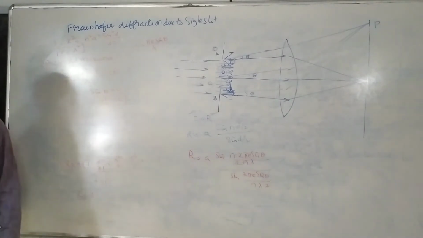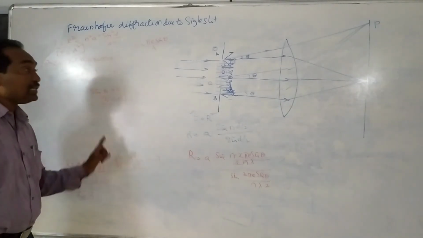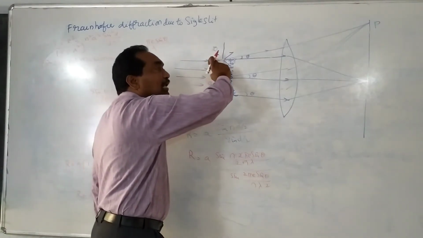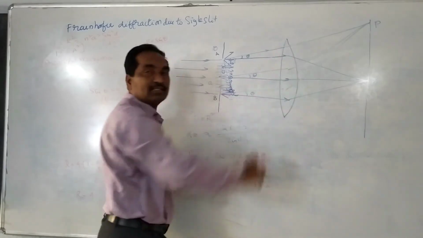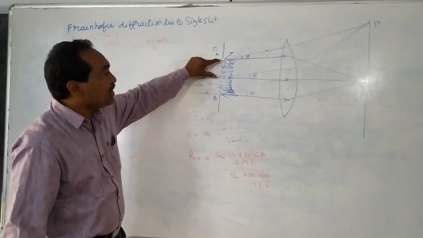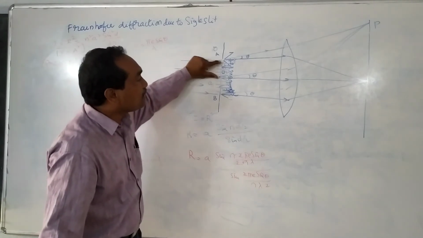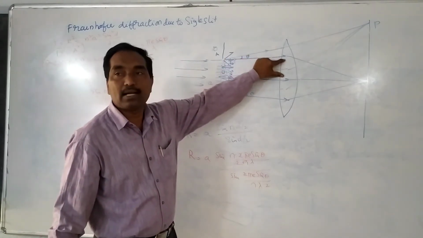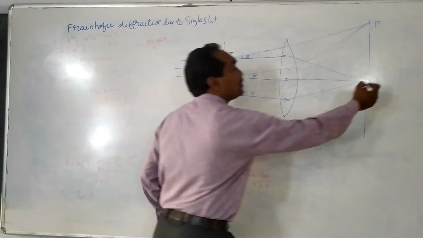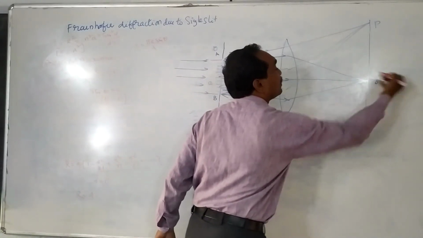This is the condition for the principal maxima. Theta equal to 0 is nothing but the secondary waves which are passing along the direction of incident rays and concentrated at P0. So this gives the principal maxima.